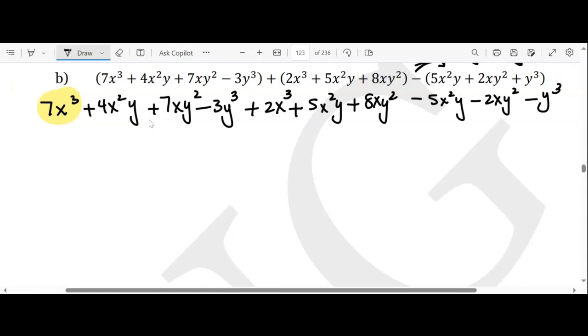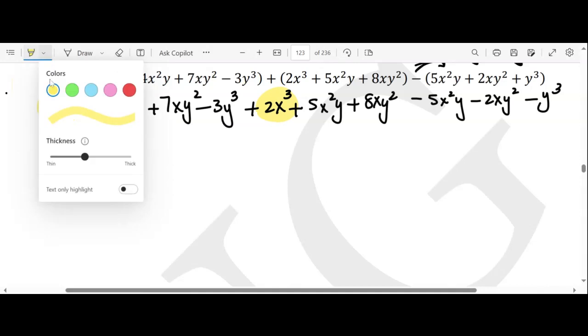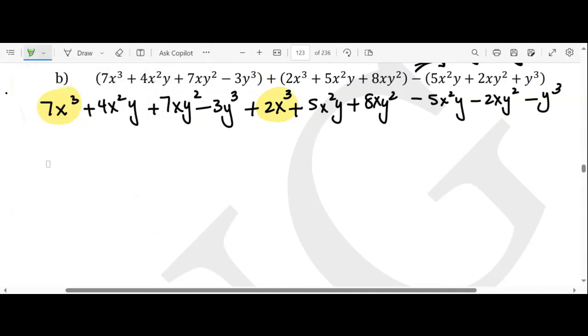You sure we don't have x cubed? Yeah, we have. Here, this one. Okay. Any x cubed more? That's it. Next one. Do you have x squared y?